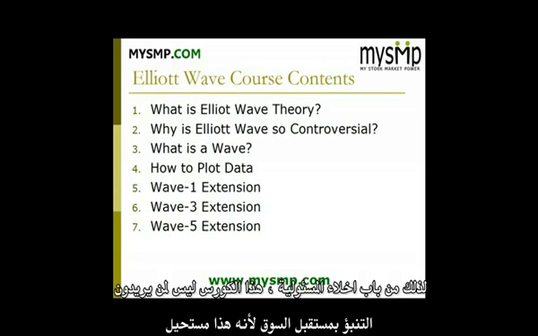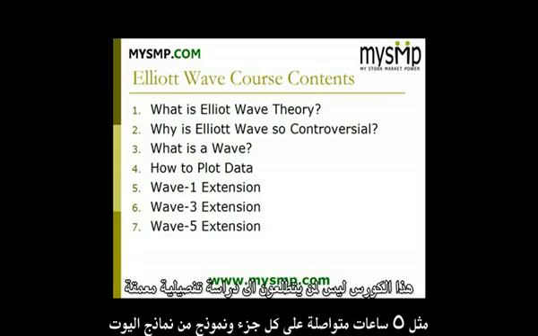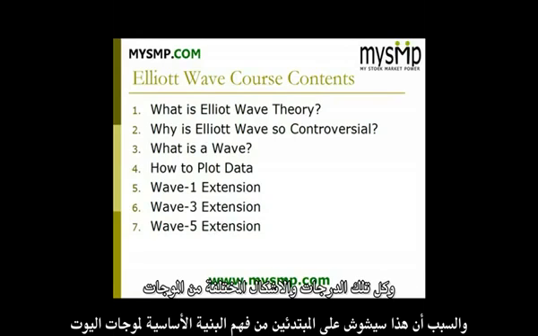I just want to put a disclaimer out there. This course is not for people looking to figure out how to predict the market. Quite frankly, it is impossible. This course is also not for people looking for a 5-hour course or dissertation on every single type of Elliott wave structure, all the various degrees and every type of poly wave and multi-wave.